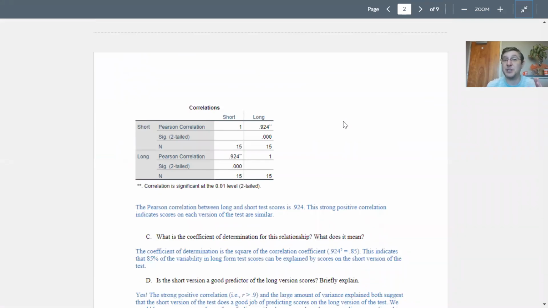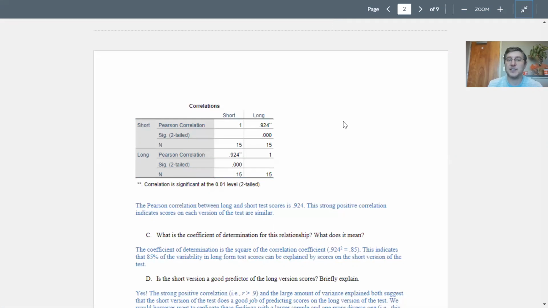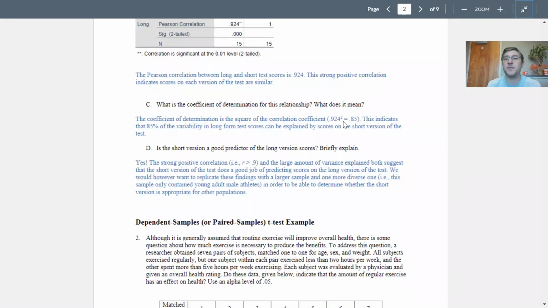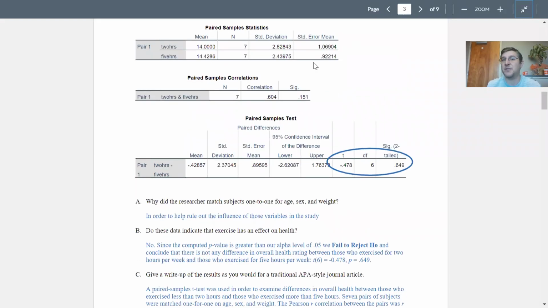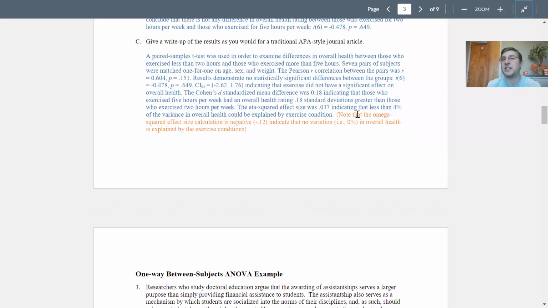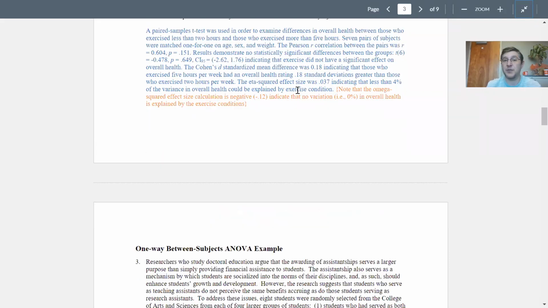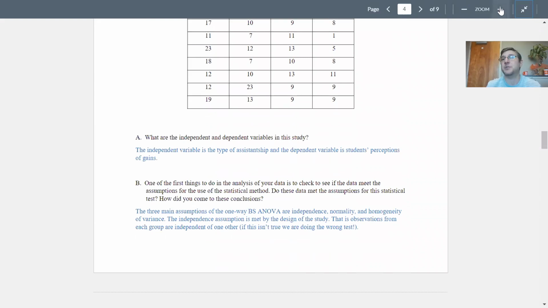If you try to figure out what you did wrong, you can come to me and ask me, and we can work through it together to figure out where you went wrong. I tried to provide the output, the different things we're looking at in the output, and how I would write up the results for this practice assignment.